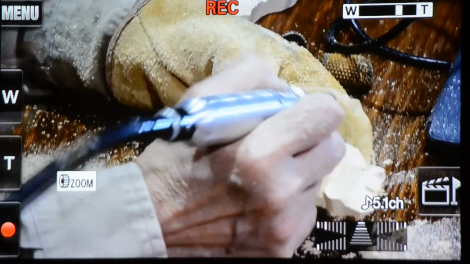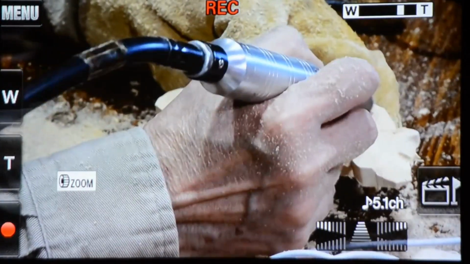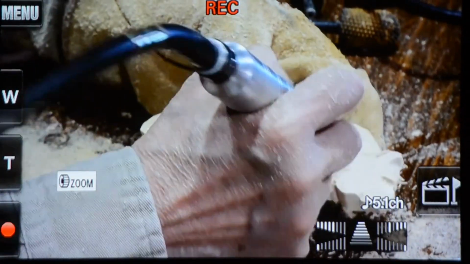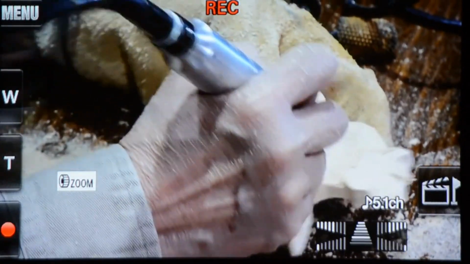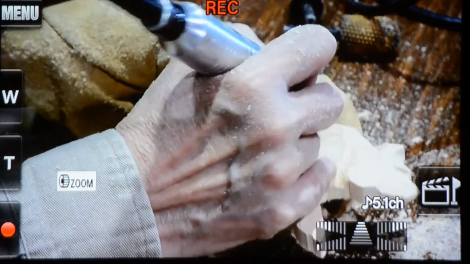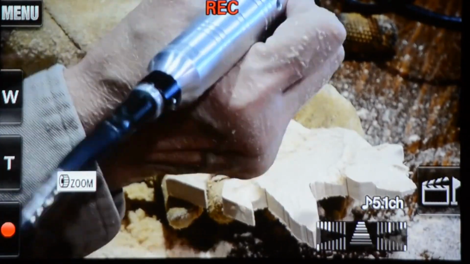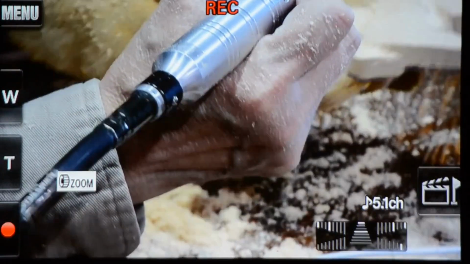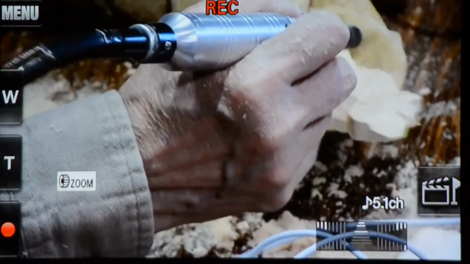All right, here we go. You want to do a series of S curves and C curves, backward like parentheses, and you want to move both hands. I am somewhat limited by the cable on this hand, so I cannot move it as much. So this hand has to take up the slack to be able to move it back and forth.